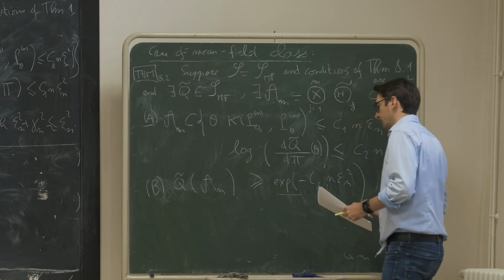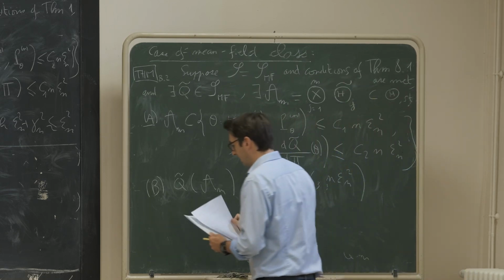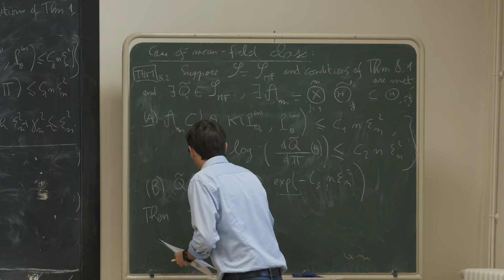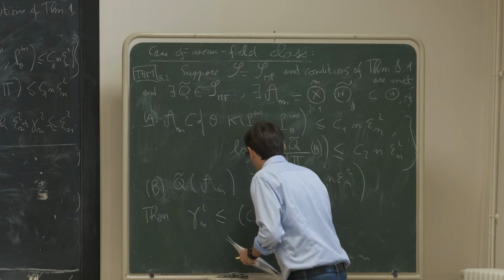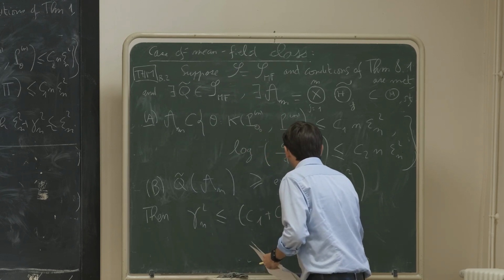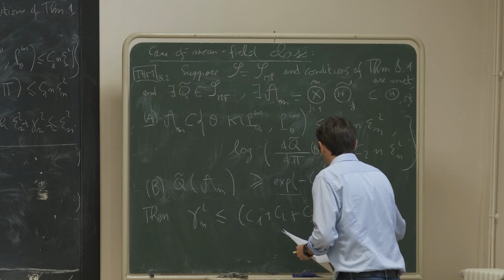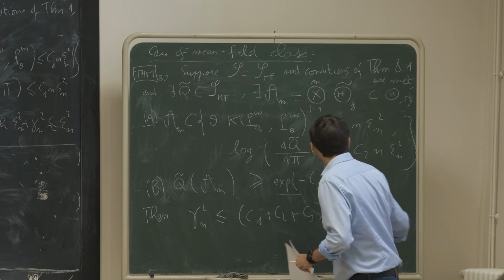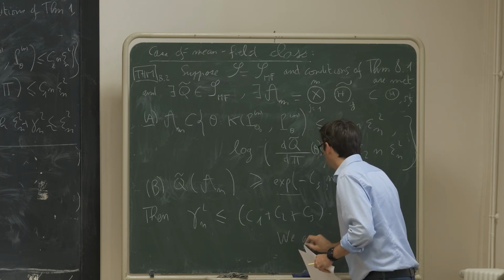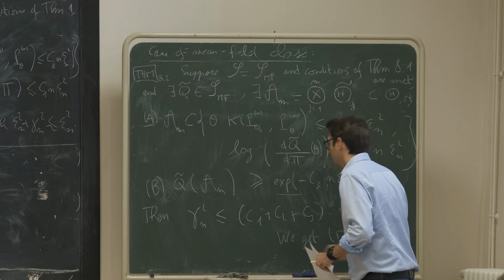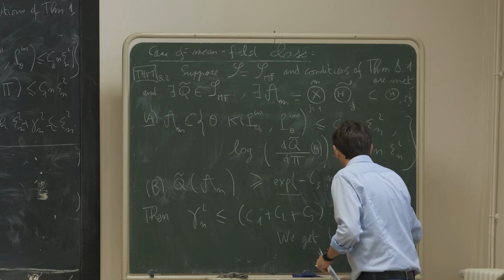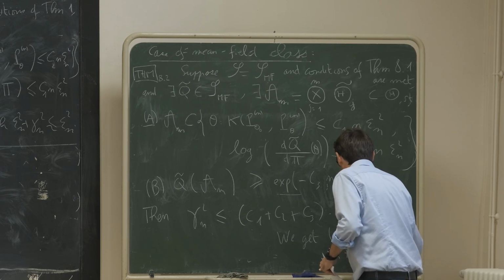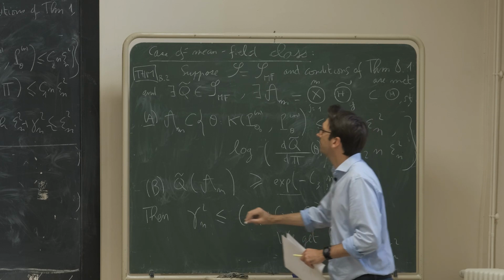If this holds, then we have that gamma n squared is smaller than the sum of the constants that came in before times epsilon n squared. So in particular we get, which is what we want, epsilon n squared plus gamma n squared smaller than epsilon n squared.